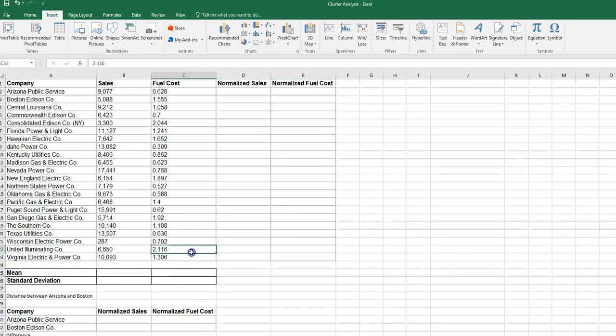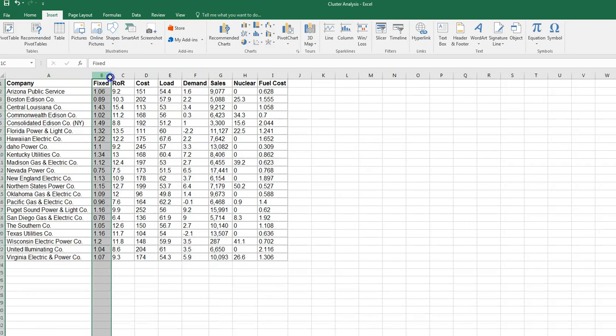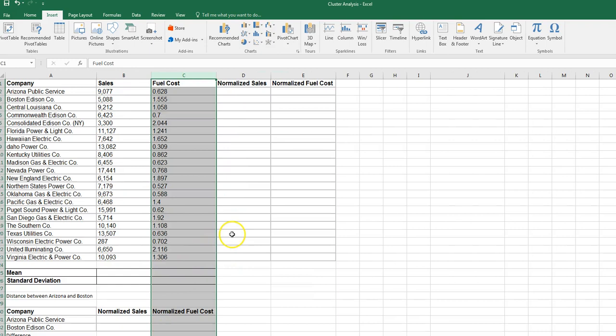We're going to do that with the help of this example on two of the attributes, sales and fuel cost. Initially, as you remember, we had 8 attributes, but for now, let's work with just 2 of them so that we can understand the concept of distance and normalized distances.